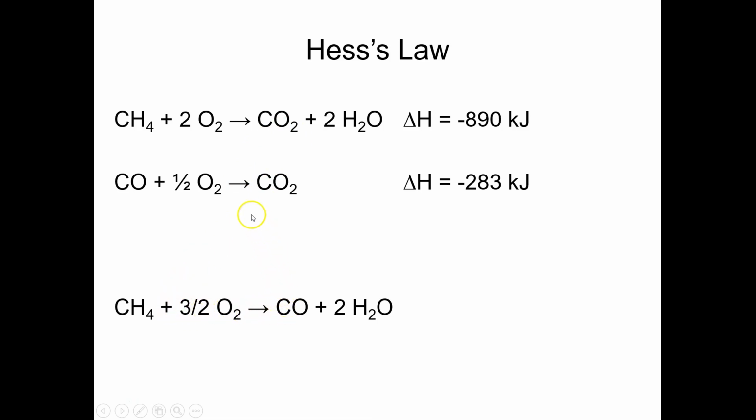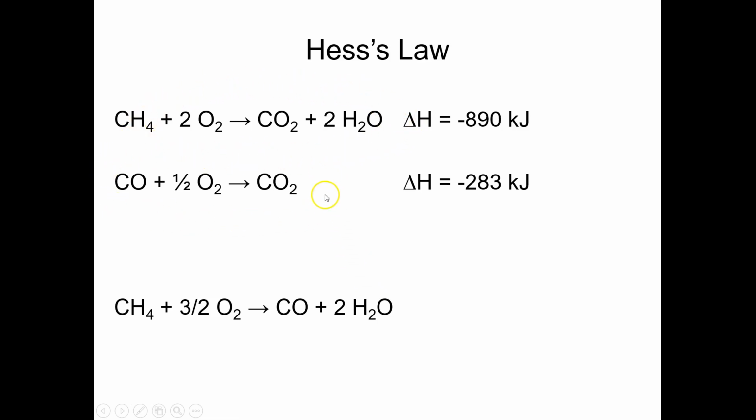And so the way I would do it, looking at this, would be to look at the equation at the top and say, well, it's got methane on the left-hand side, which is what I want for my summed reaction. It's got oxygen on the left-hand side, which is more or less what I want for my summed reaction. And it's got water on the right-hand side, which is what I want for my summed reaction. So I'm just going to leave this one alone.